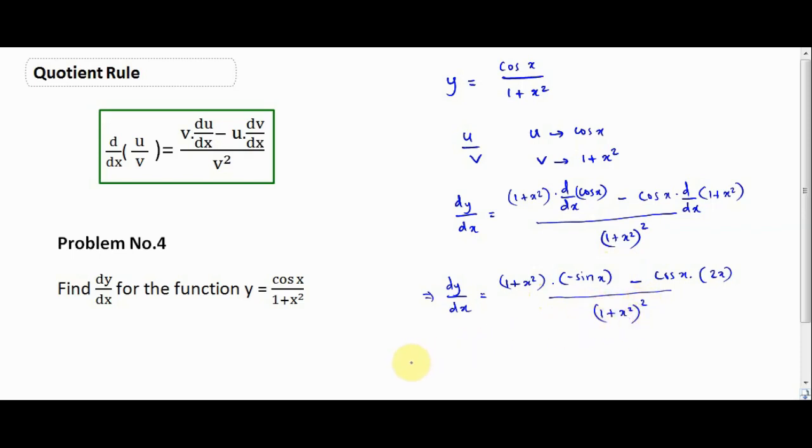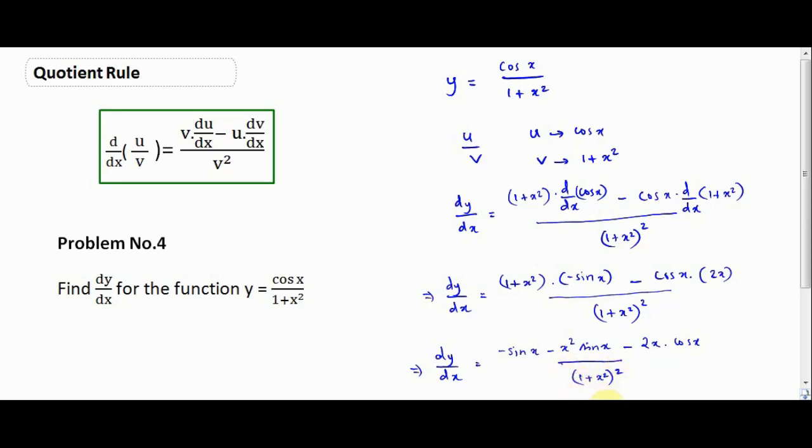Okay, so let's rewrite it as dy by dx equal to (1 plus x square) into minus sin x. So that will be minus sin x minus x square into sin x minus, here we have cos x into 2x, so that may be written as 2x into cos x, whole divided by (1 plus x square) the whole square.